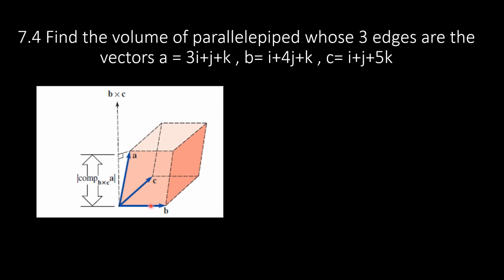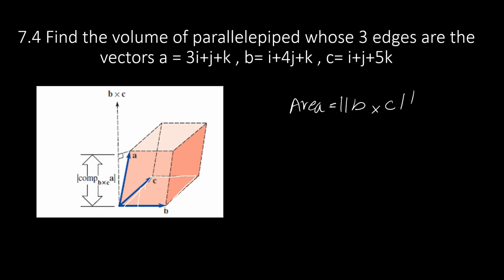So the formula to do that is, first let's find the area of it. To find the area of the base, it is simply B cross product with C, because you see here it is like the area of the base.